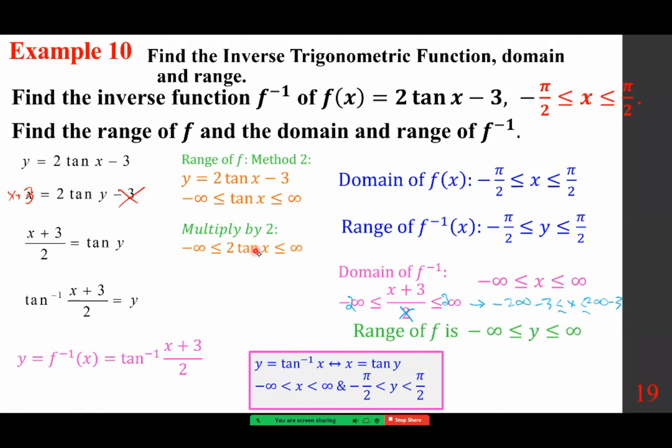If I subtract 3, this is minus 2 infinity minus 3, which means the same thing. And this is 2 infinity minus 3, which is still the same thing. So whether you go this route or this route makes no difference. And I think it's pretty straightforward, everybody.